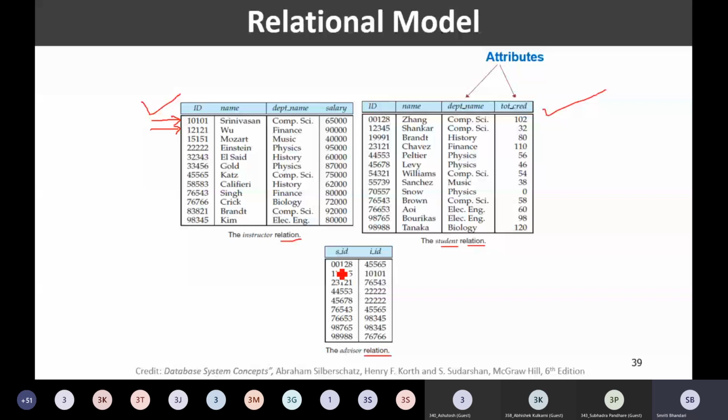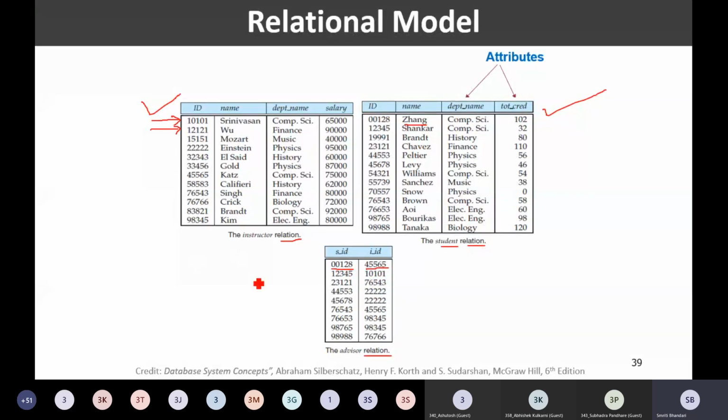Say, for example, here I have student ID 00128. If I refer to the student table, this ID belongs to the student Zhang. So this student with ID 128 is related with the instructor with ID 45565.